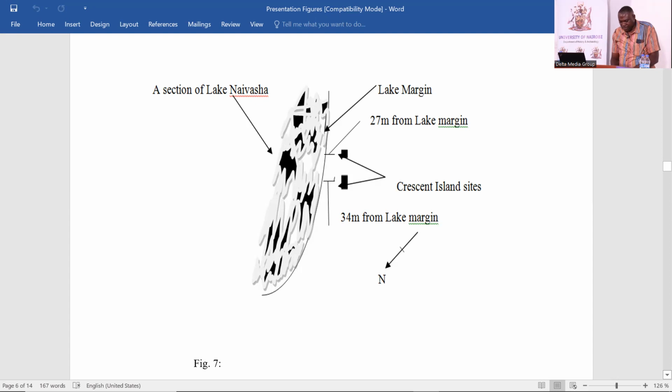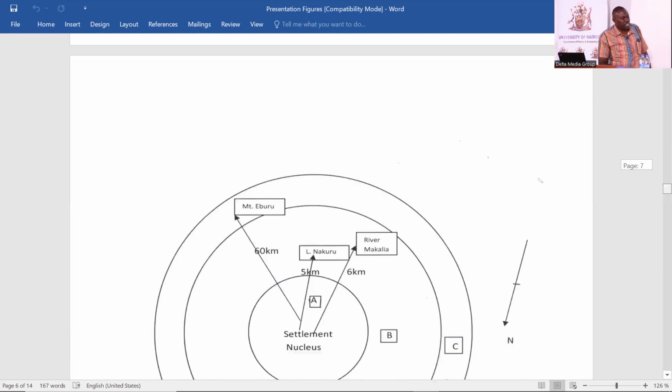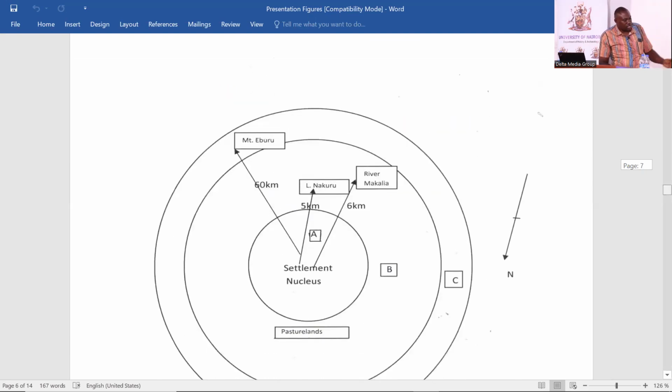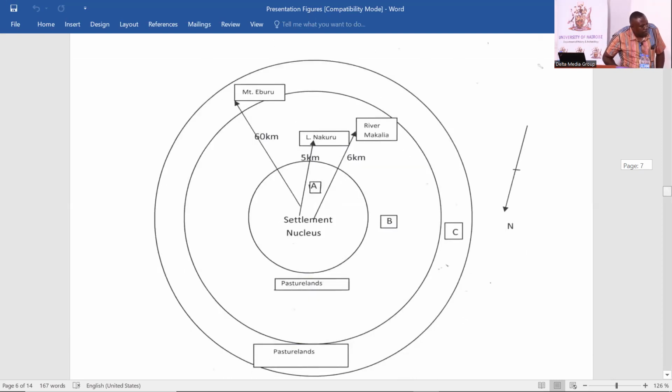I want you to navigate through the circular illustrations. I'm moving very fast because I'm taking care of time. This is the first one.